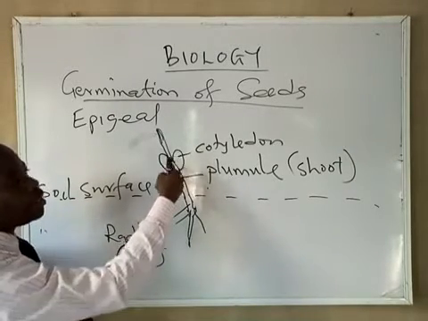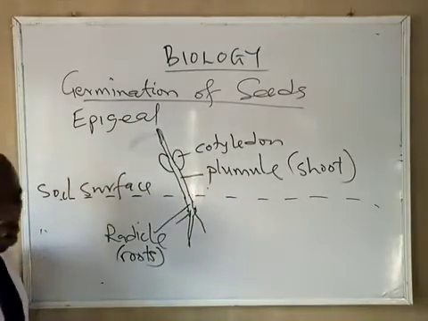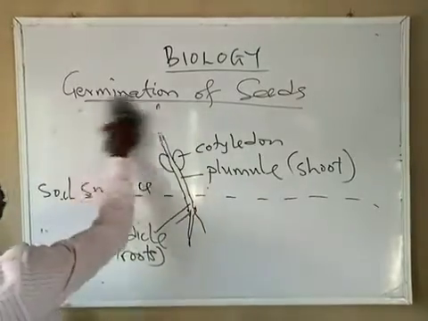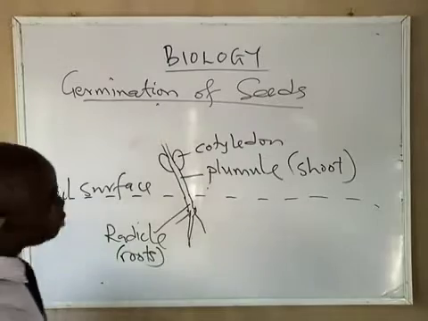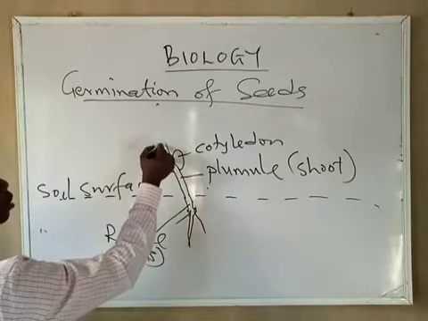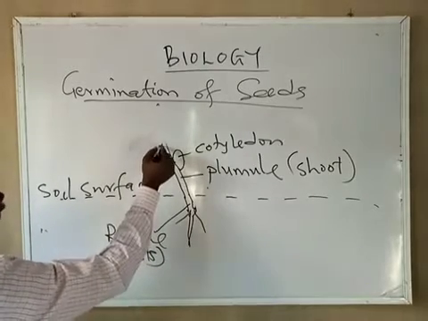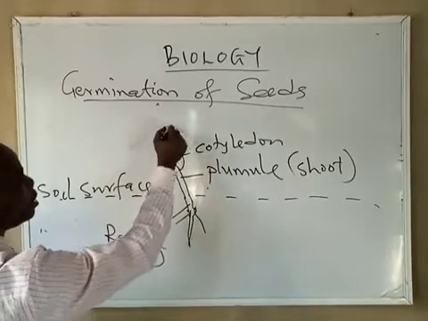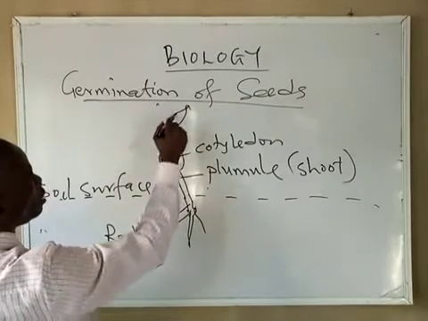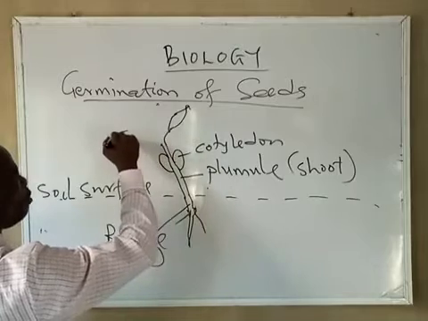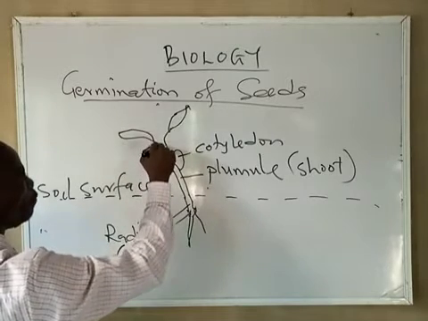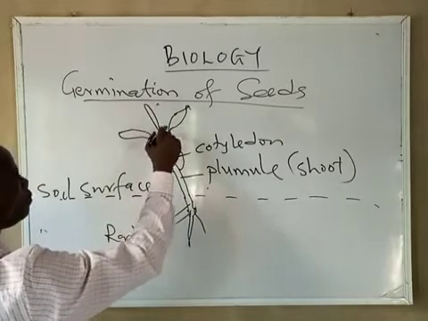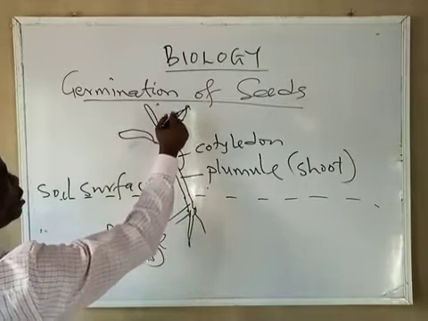You understand it now? Now, along the period of growth, this grows up, and you can have little leaves forming, the initial form of leaves forming, and you have the seed germinating.